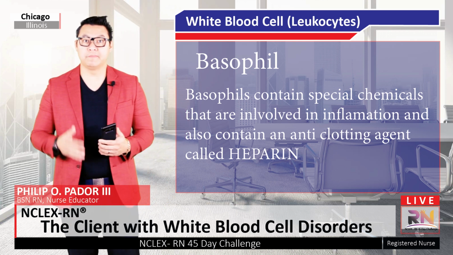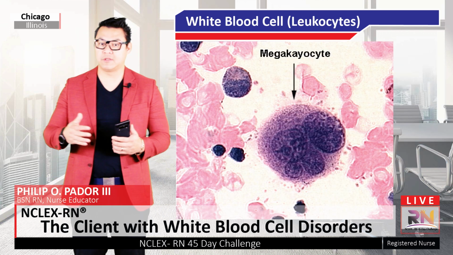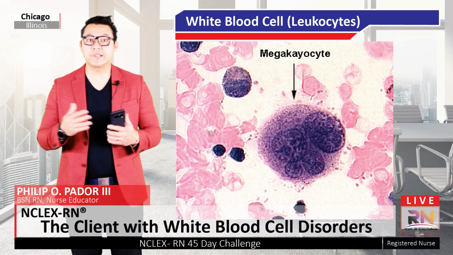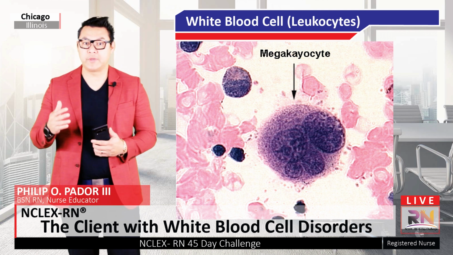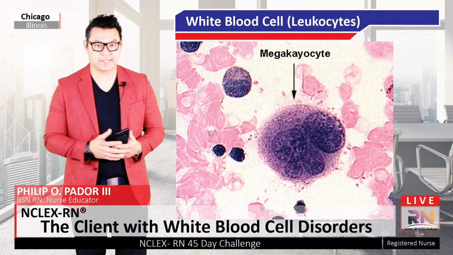Now let's move on to megakaryocytes. So this is what the megakaryocytes actually look like. Megakaryocytes differentiate into these tiny structures we call platelets, and platelets are also known as thrombocytes.